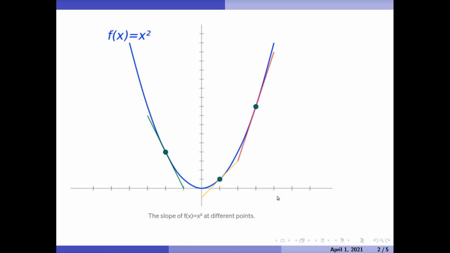So let's take a look and see how this works. If we just have f of x equals x squared, for example, you could use gradient descent to find the zero. You would start at a point and compute the derivative, and in this case the derivative is a large positive number, and so that means that you would go to the left, right?